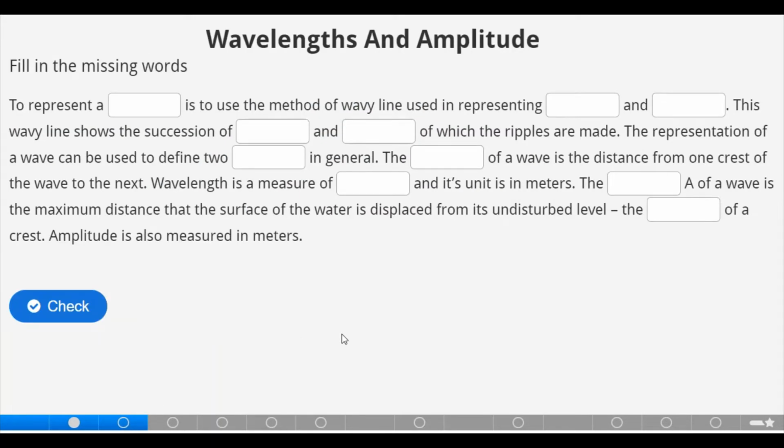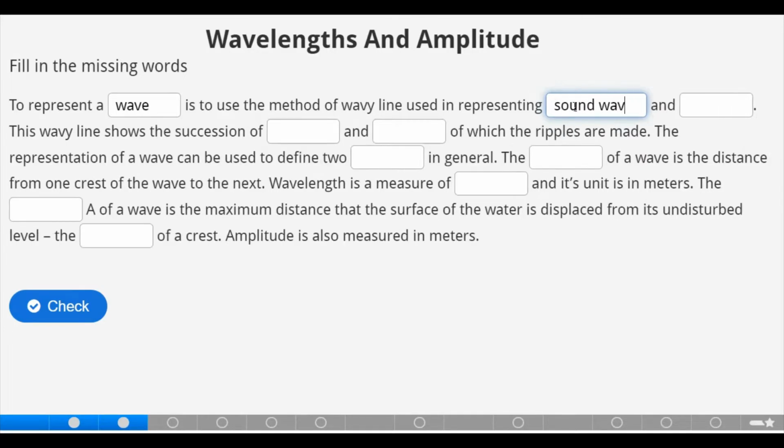Now, wavelength and amplitude. We are to give them a description by filling in the missing words. To represent a wave is to use the method of a wavy line, used in representing sound waves and electromagnetic waves.